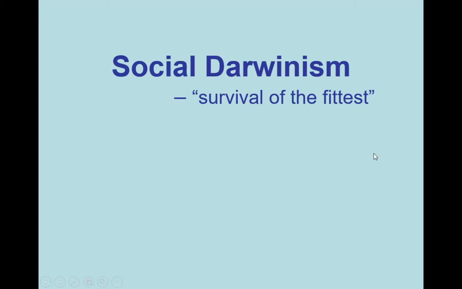One of those is social Darwinism, one of your key terms. This is known as survival of the fittest. If you were in class today, I would say from this point on, anytime I say social Darwinism, you are to say survival of the fittest. If I say survival of the fittest, you are to say social Darwinism.